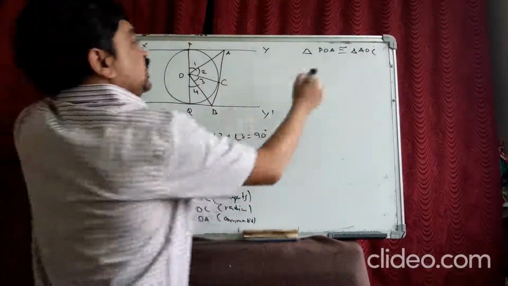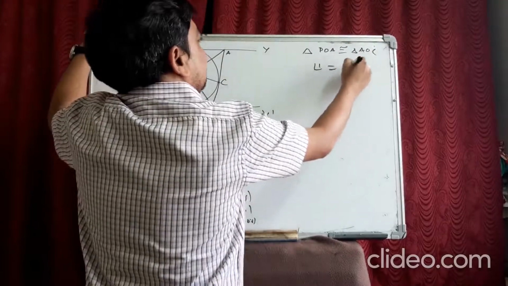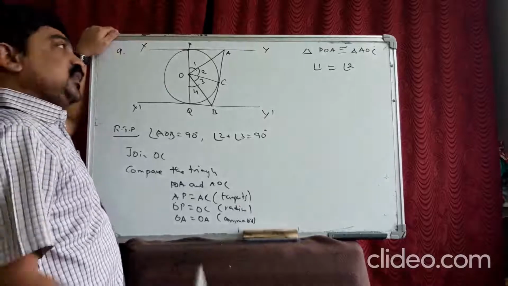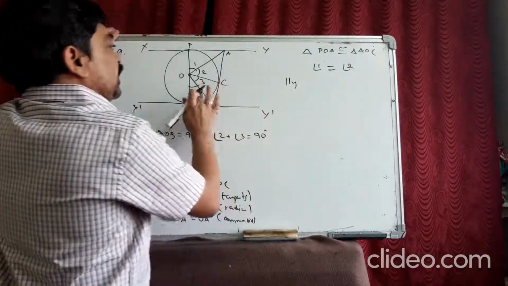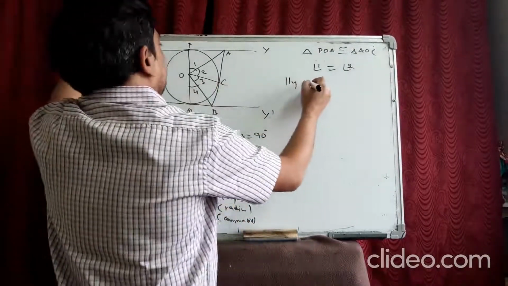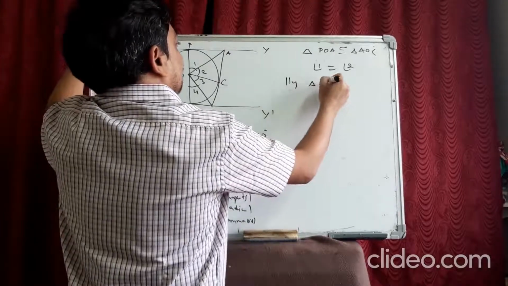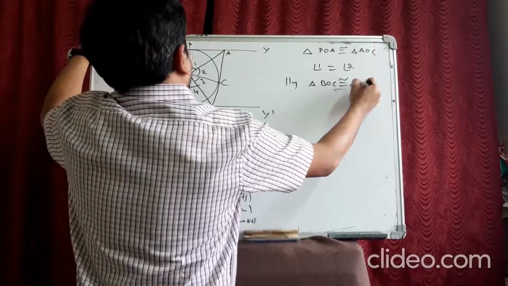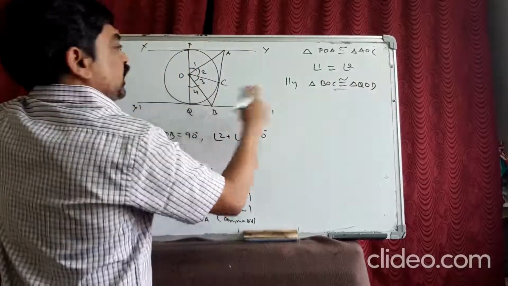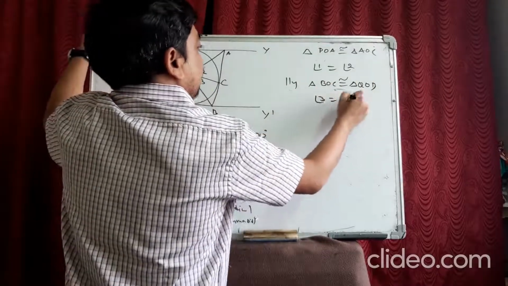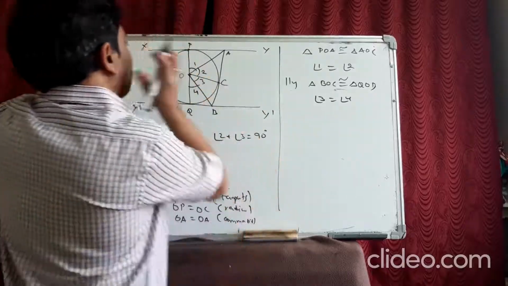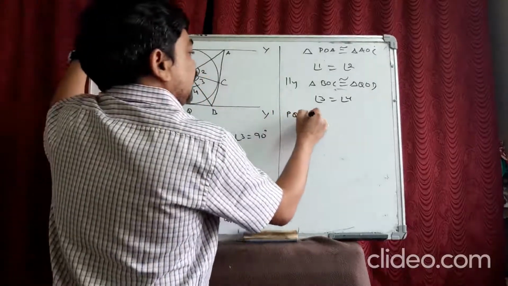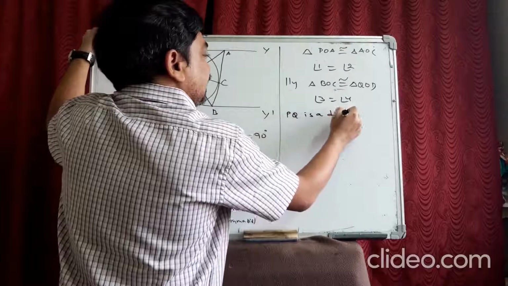So when these two triangles are congruent, directly you can say that angle 1 equal to angle 2. Similarly, these two triangles are also congruent. Similarly, triangle BOC is congruent to triangle QOB. Therefore, angle 3 is equal to angle 4. Now, see, PQ is a diameter. That means it is a line.